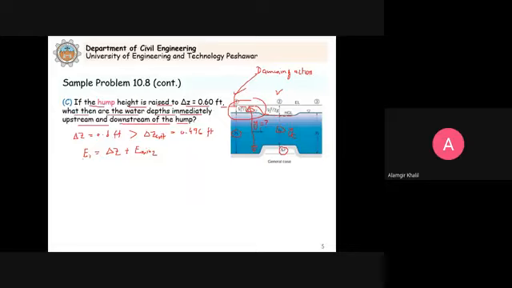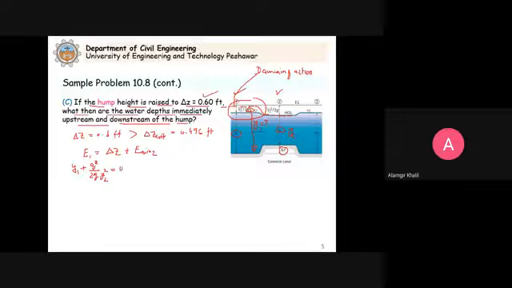So this E1 will be then equal to E minimum. We can already calculate, and this will be equal to Y1, which is now unknown, plus Q square. Discharge is the same. Discharge is not going to change. So Q square divided by 2G into Y2 square, and this will be equal to delta Z. What is delta Z now? It is given 0.60 feet.